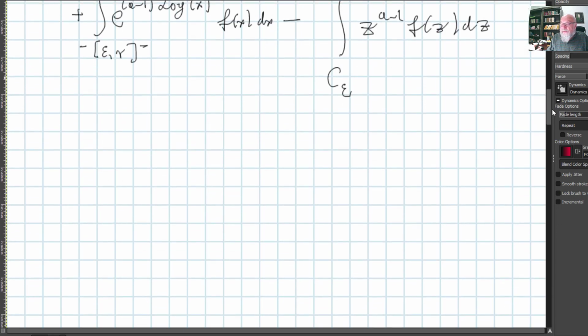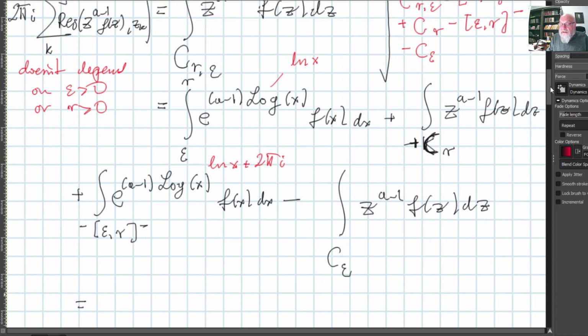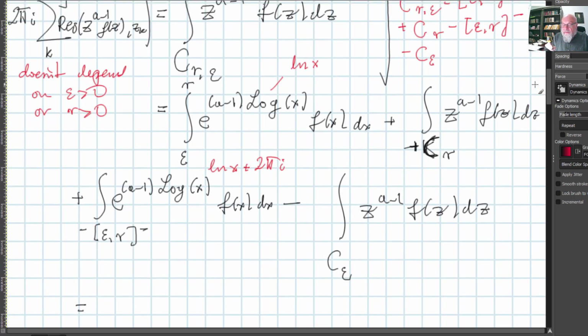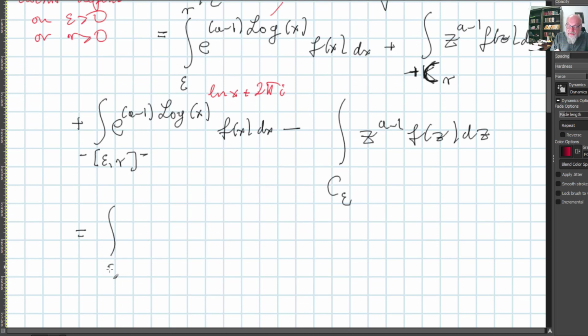Very good. So now let's simplify it. And let's see what we are getting here. So here, after simplification, the first integral becomes, this is equal epsilon r, and that's just a regular x a minus 1. This will be f of x dx. Very good.